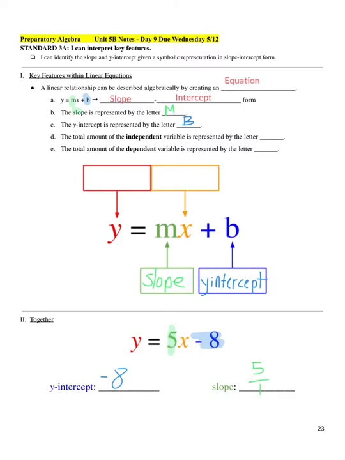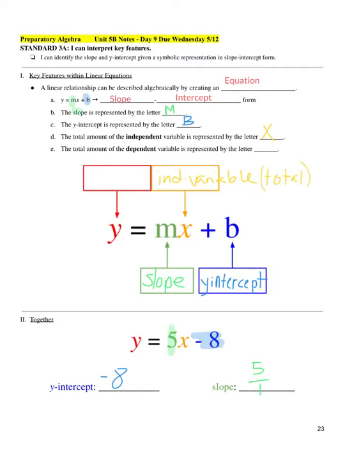All right, now we have these other two parts of the slope-intercept equation. The independent variable is represented by the letter x. So this is our independent variable, and it's the total.